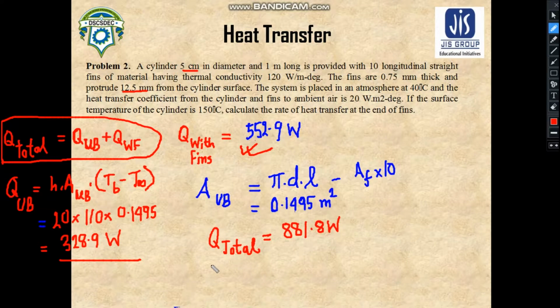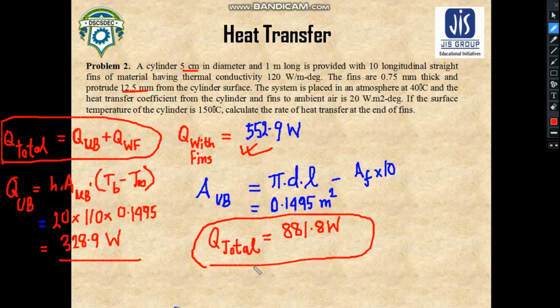So ultimately the total heat transfer at the end of the fins is 881.8 watt. So I think we have calculated the heat transfer rate.